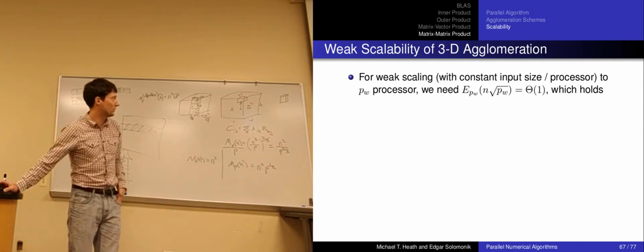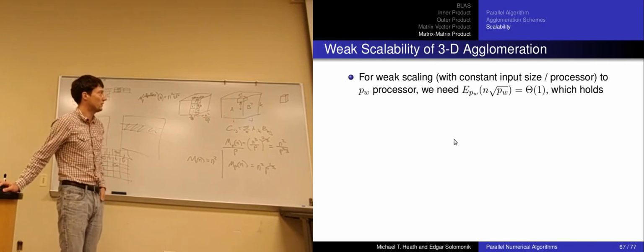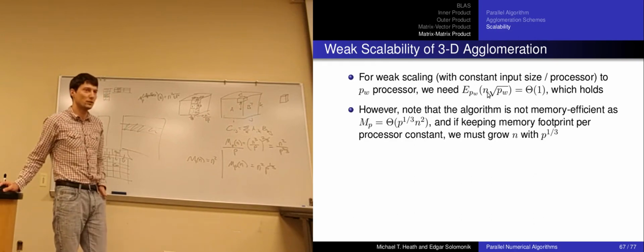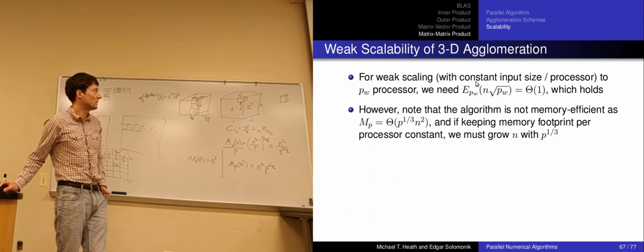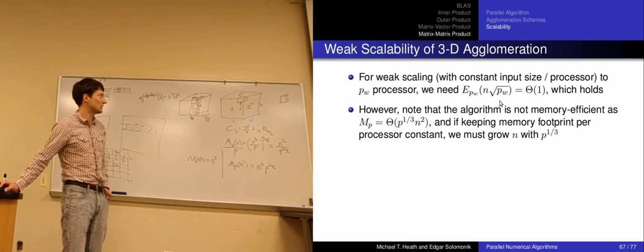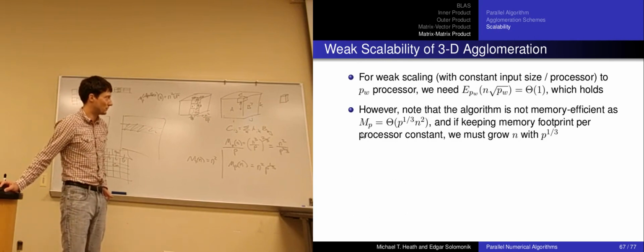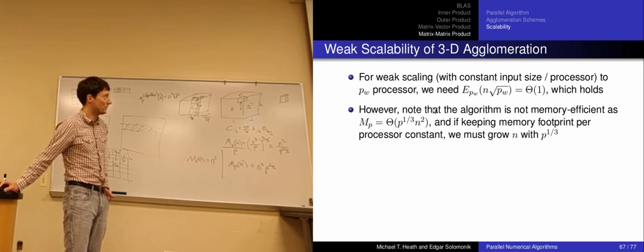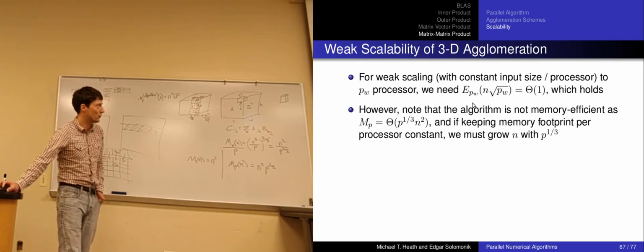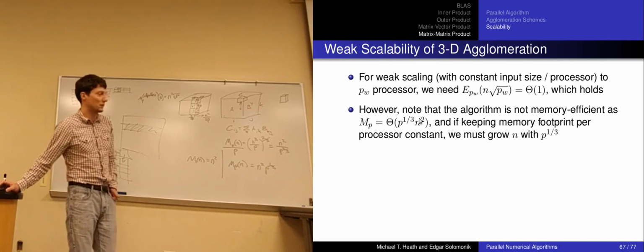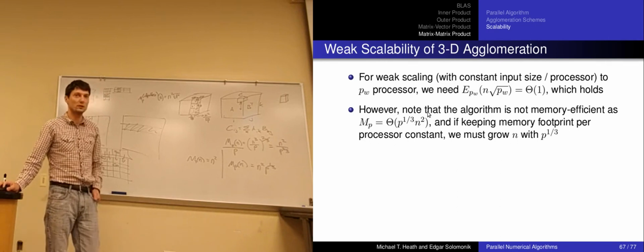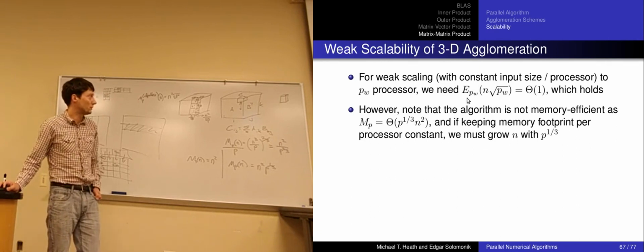In fact, if we do the analysis, we get the trivial result that yes, it looks perfectly weak scalable in this sense, but if we look at how the memory usage is scaling, especially as we're doing weak scaling, then it will actually grow with p to the 1/3. So effectively, the amount of memory we're consuming per processor will become larger and larger.